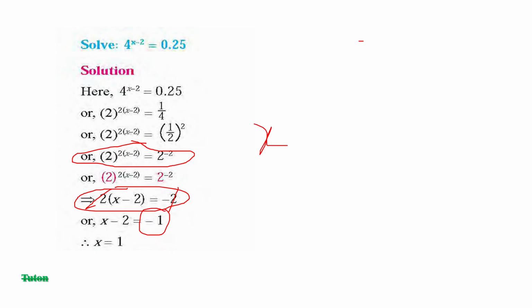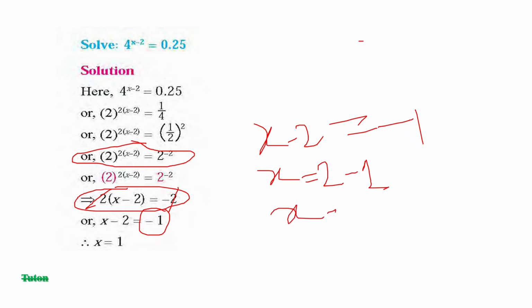Here we are left with x minus 2 is equal to -1. We can simplify this as x is equal to 2 minus 1. Here we have found the value of x, which is 1, and we have finally solved this question.